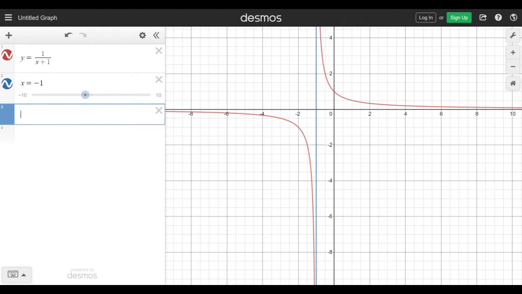Then according to the horizontal asymptote rule, if the top has lesser degree, so 1 here can be represented as x to the power of 0, and the bottom is x to the power of 1, so the top is lesser than the bottom. So you always have y is equal to 0. And you can see that is the x-axis, and that is our horizontal asymptote.